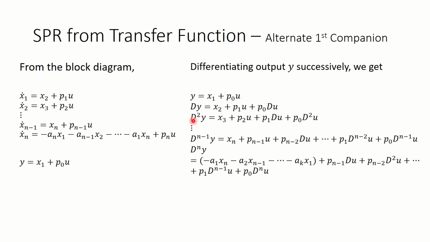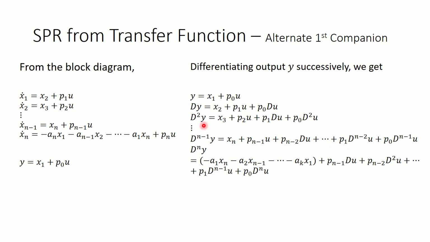Then we do d2y, so again another d operating on this equation. Then x2 dot will come and p1 du will come, p0 d2u will come. x2 dot again is x3 plus p2u. So we write x2 dot as x3 plus p2u. Similarly proceeding, we can observe that finally dn minus 1 y will become xn plus pn minus 1 u plus pn minus 2 du plus dot dot dot p1 dn minus 2 u plus p0 dn minus 1 u.